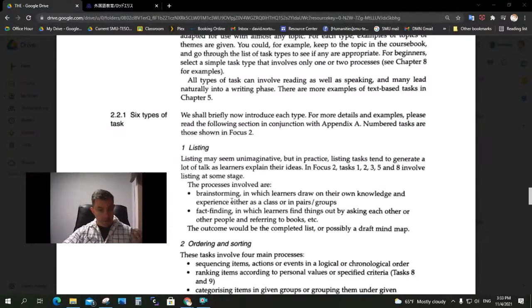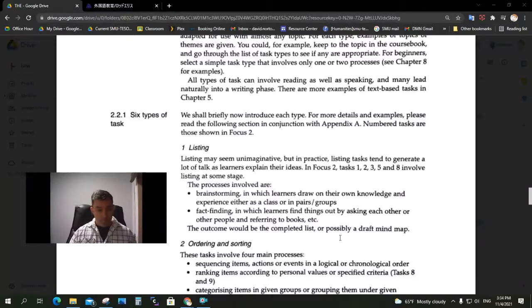So processes included brainstorming, fact-finding, etc. A possible outcome would be a completed list, or a draft of a mind map could be an outcome. In our class demonstration, the listing task was the excellent teacher one, right?